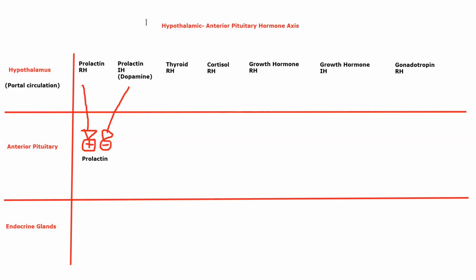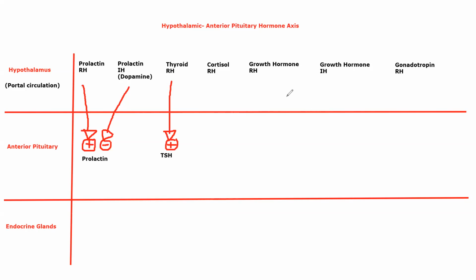Thyroid releasing hormone, we know, is going to act to promote TSH, thyroid stimulating hormone, which is going to act on the thyroid gland itself. There's no inhibiting hormone for this. It's just going to increase thyroid stimulating hormone. Put a little plus sign here.